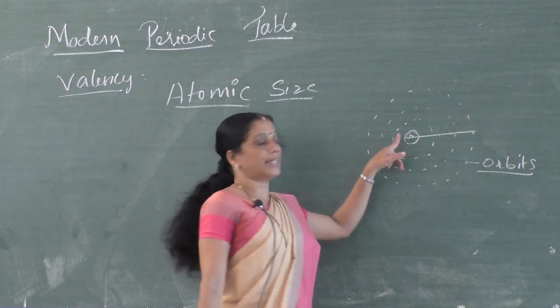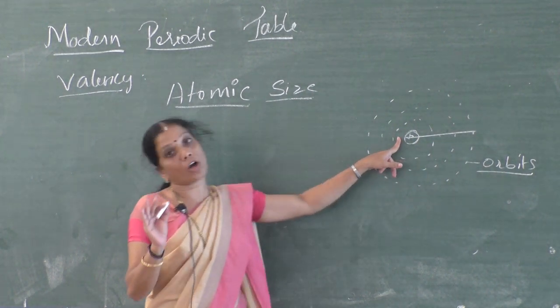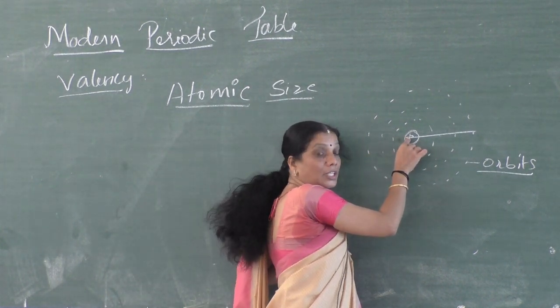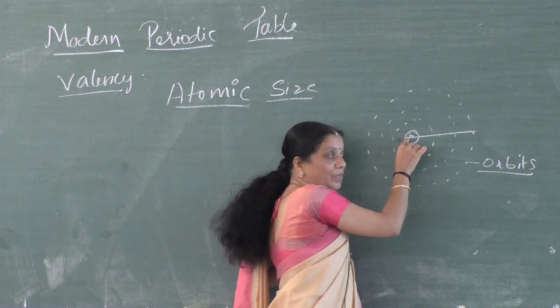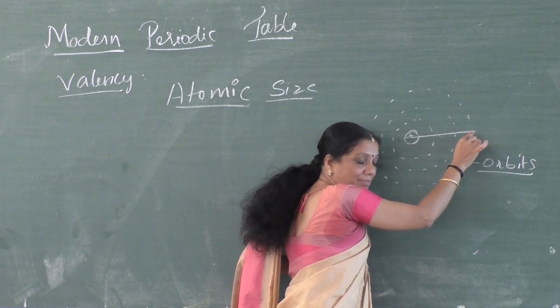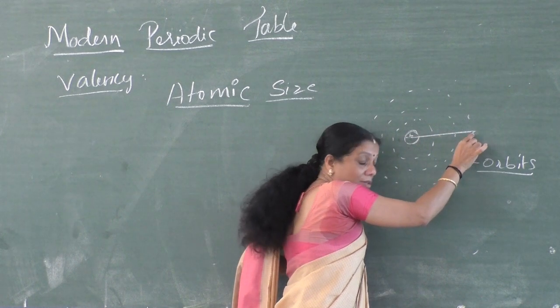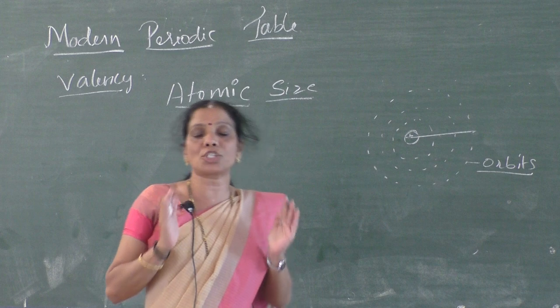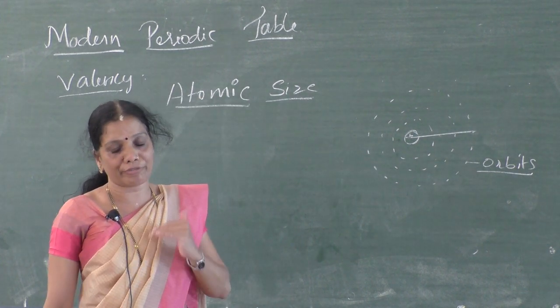Listen here, the atomic size or the atomic radius is the distance between the center of the nucleus to the outermost shell containing an electron, of a neutral atom or an isolated atom. Follow the definition, no?